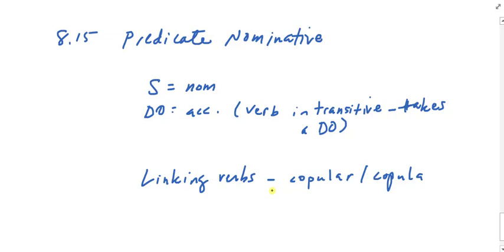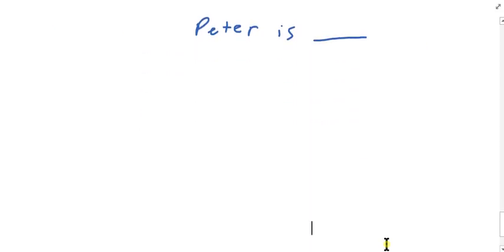If I say something like not Peter killed, but rather Peter is, then whatever comes after that in English is not going to be a direct object. Okay? Rather, it is what's called the predicate nominative, and given that name, what do you think the case would be in Greek? It would be nominative case.